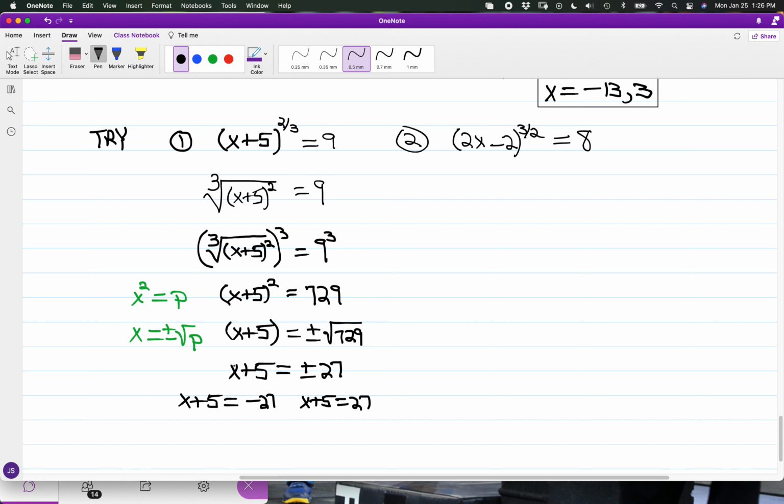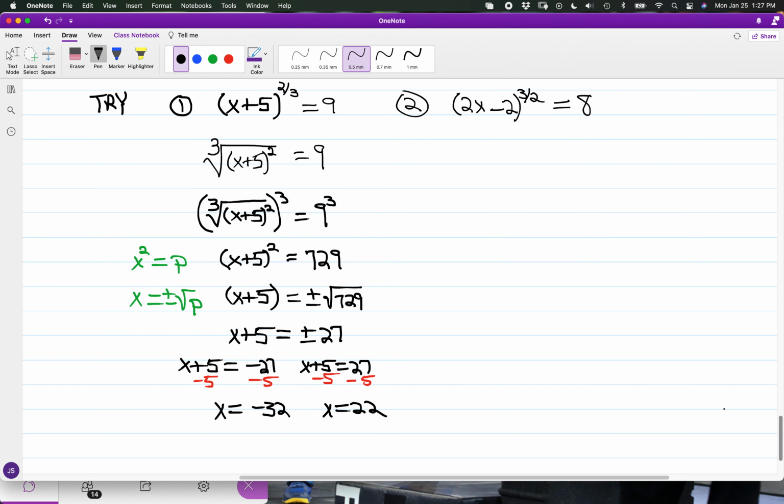Okay, and so if I isolate x for both equations, I'm going to take 5 away from both sides. So we have x equal to negative 27 minus 5, which becomes negative 32. And for x plus 5 equal to 27, x is equal to 22.